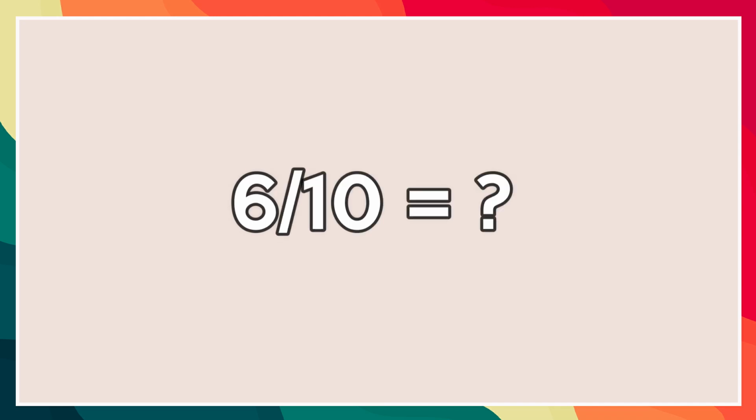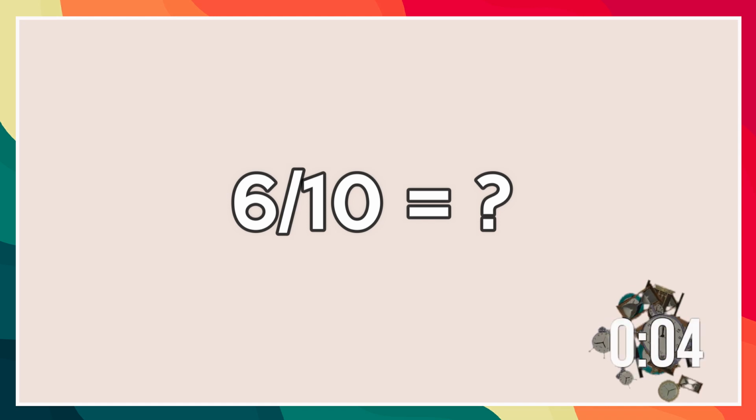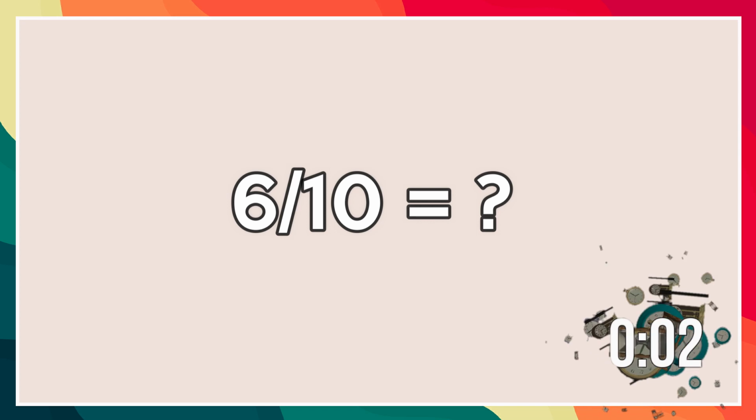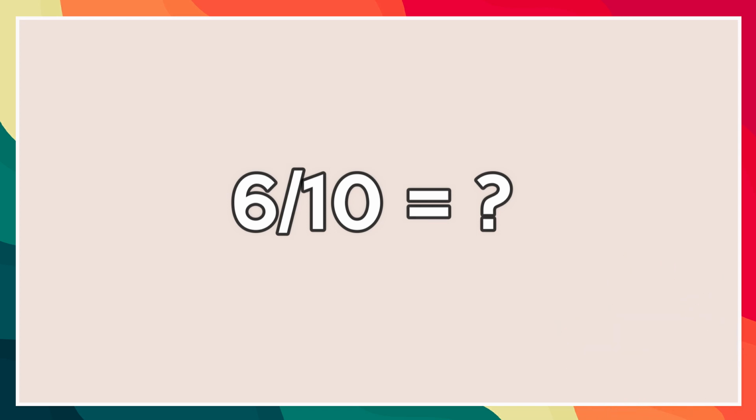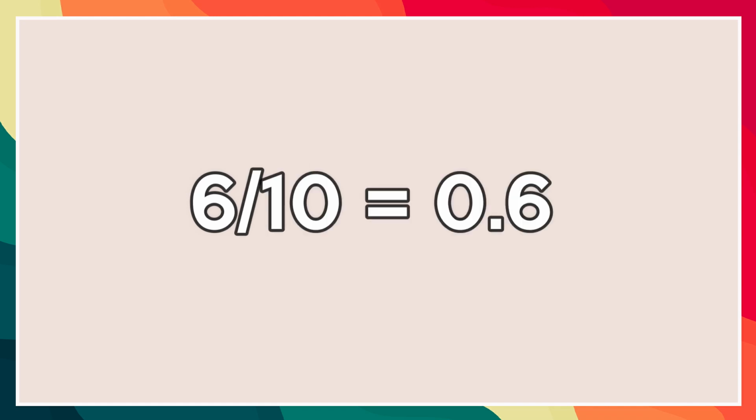Number 4, 6/10. What is the equivalent of 6/10 in decimal form? Very good. The answer is 0.6. You just divide 6 by 10 to get 0.6.